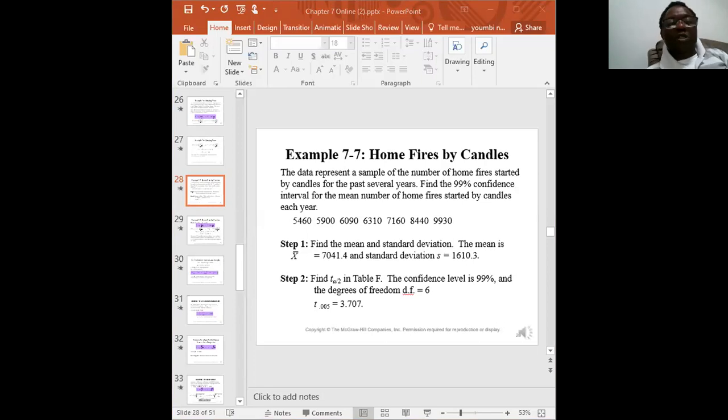I will type the values in column A: 54, 60, 59, 100, 60, 90, 63, 10, 71, 60, 84, 40, 99, 30.